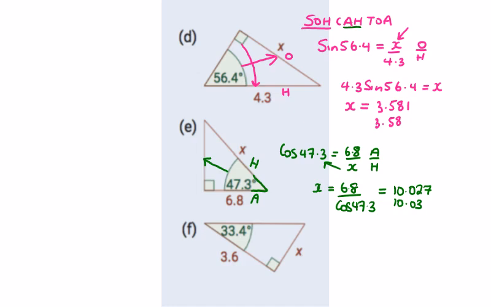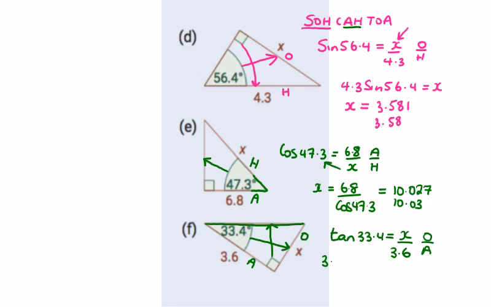so 10.03. In this triangle we have opposite. You can see we don't have hypotenuse, so we have O and A, the 2 straight sides, not the diagonal, and the 2 straight sides is always tan. So the tan of 33.4 is equal to O over A, which in this triangle is X over 3.6.